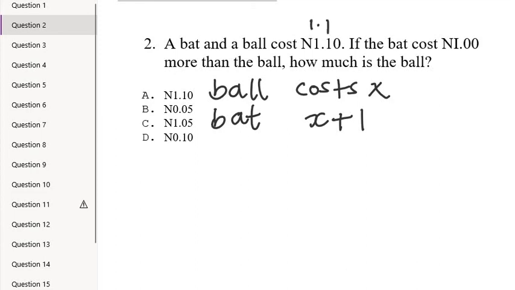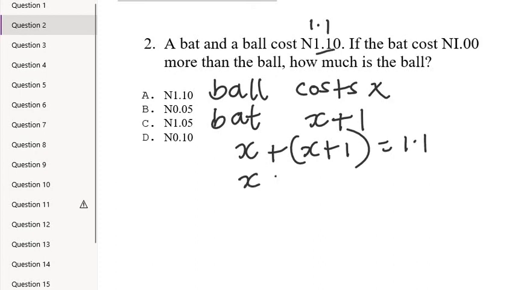Okay, so the ball, which is x, plus the bat, which is x plus 1, together the question says they will cost 1.1. So x plus x plus 1 equals 1.1. x plus x will give me 2x plus 1 equals 1.1.